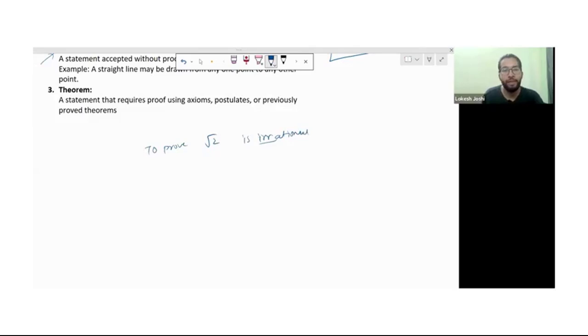As we have done this, we cannot directly write that root 2 is irrational. We have some specific steps, or we use some previous knowledge. Using them, we can write that it's irrational. Okay, so if we do such a thing, these are known as theorems.